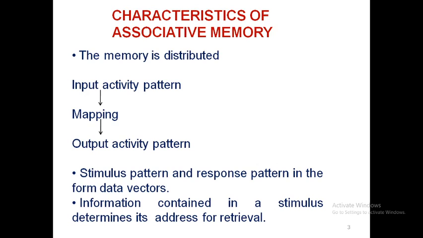If you take the input activity pattern as the face of the student in the earlier example, it is trying to map that input activity pattern, that is nothing but his or her face, with the output activity pattern. The output activity pattern is the information retrieved from the human brain or from the network.